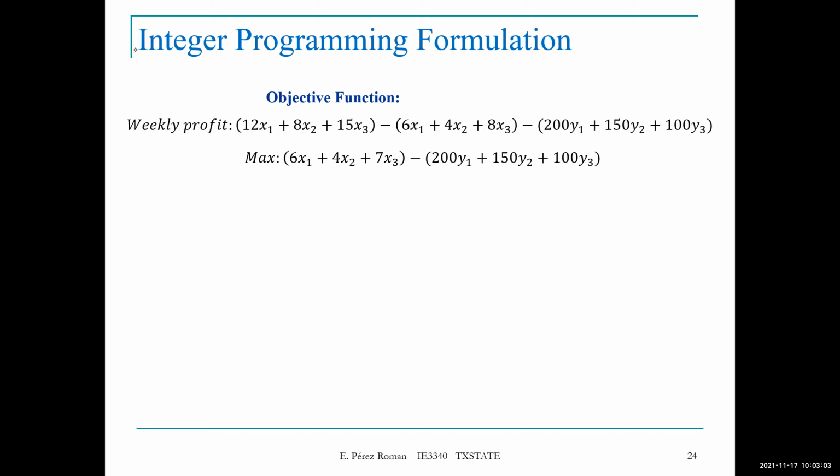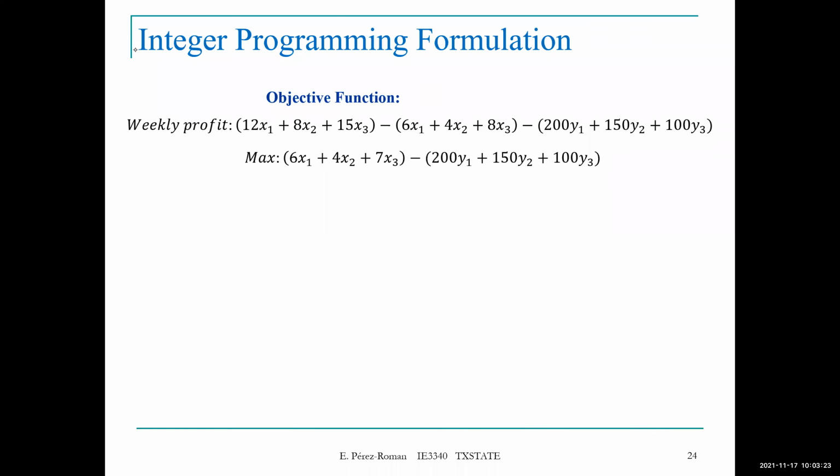So the first part shows the weekly profit. Weekly profit, yes. The first brackets are profit, right? This is profit. And the second two brackets will be the cost that you deduct from profit. This is the cost associated with producing the items.